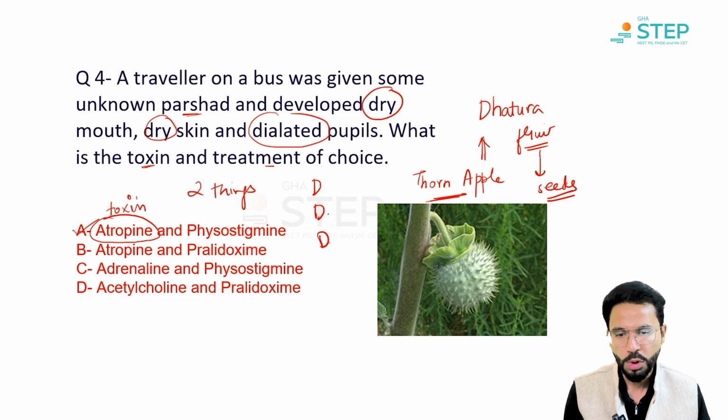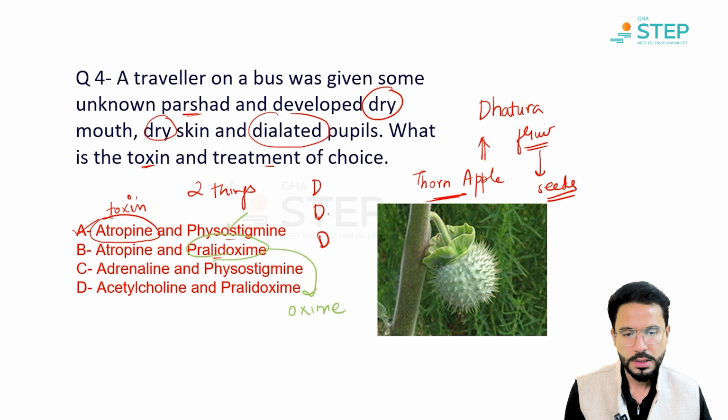So now if you have two options along with the treatment, if it is physostigmine and pralidoxime, the correct one is physostigmine, because pralidoxime is also known as oximes, which are used in organophosphorus poisoning.